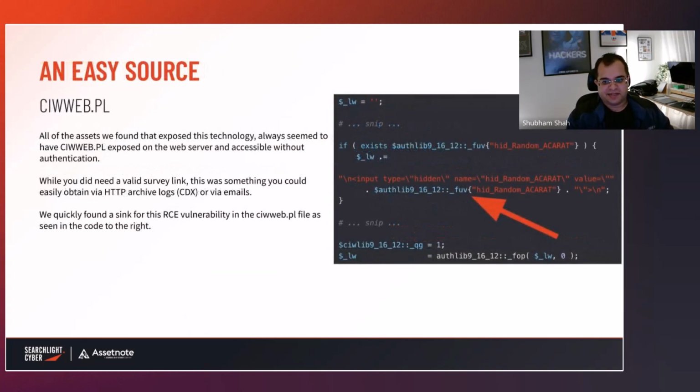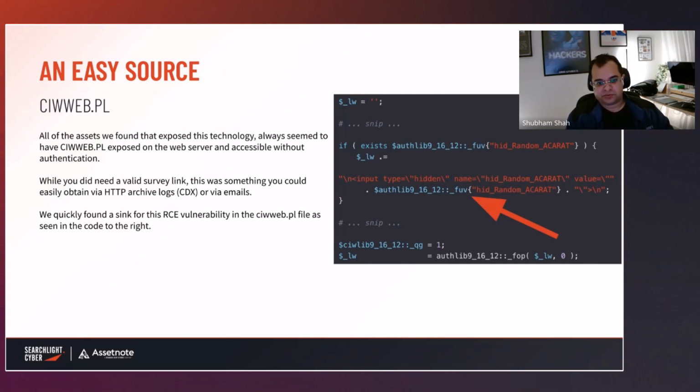What we found was that there was a specific parameter that CIWeb.pl was accepting called HID_random_ACARAT. And when we found this parameter, it was pointing to that specific templating function that led to the eval sink.